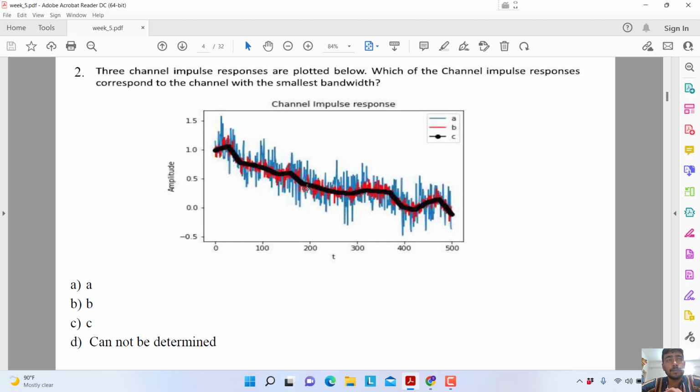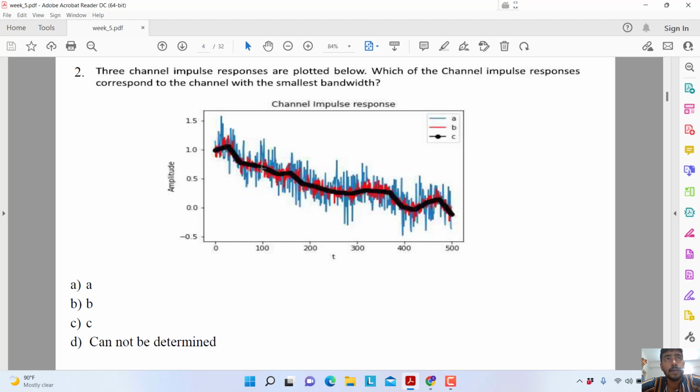As I told you, time resolution is inversely proportional to the bandwidth. So here you check the smoothness of the curve. The curve that has more smoothness has the smallest bandwidth.